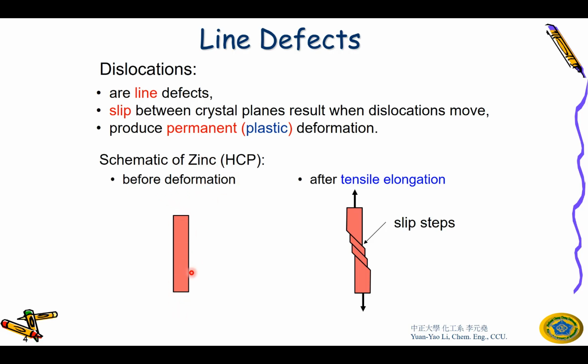Before deformation, it looks like this, and once you pull this bar from the top and from the bottom, you will see it elongate. This makes the zinc become longer. If you take a closer look at this part with a microscope, you will see what we call slip steps. We are going to show you this later.